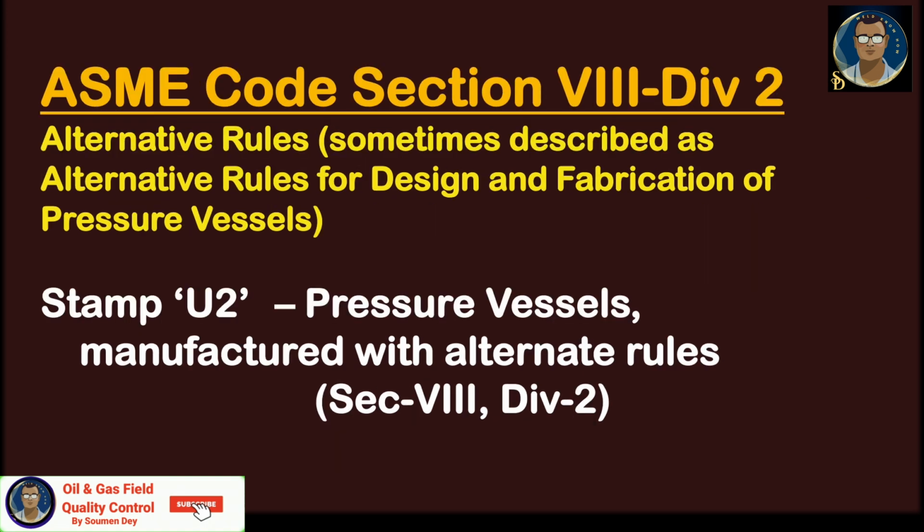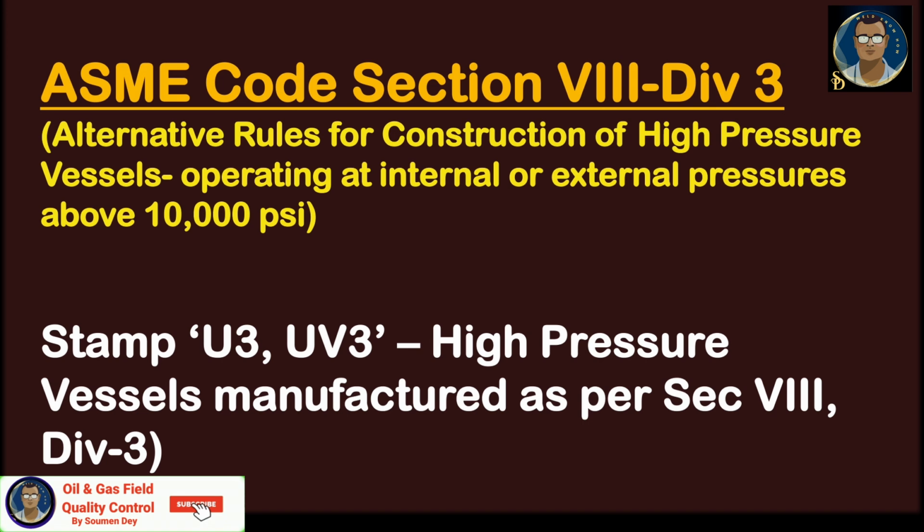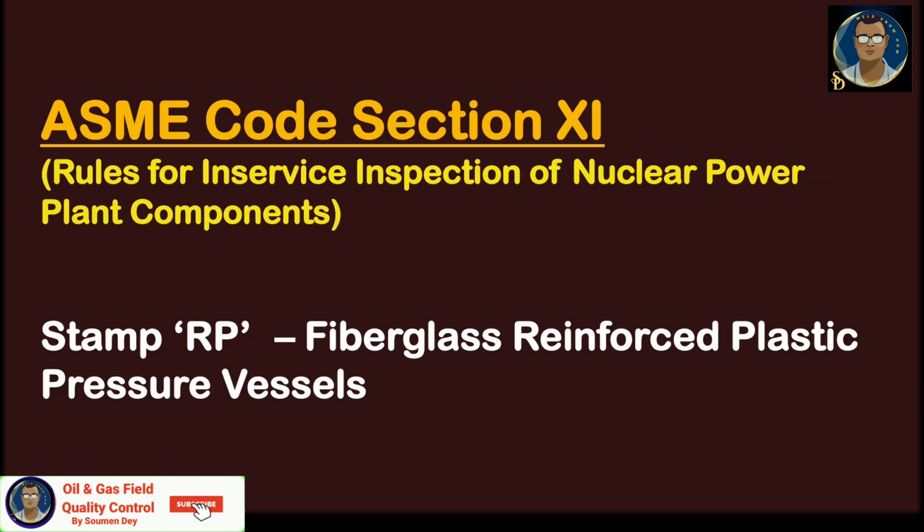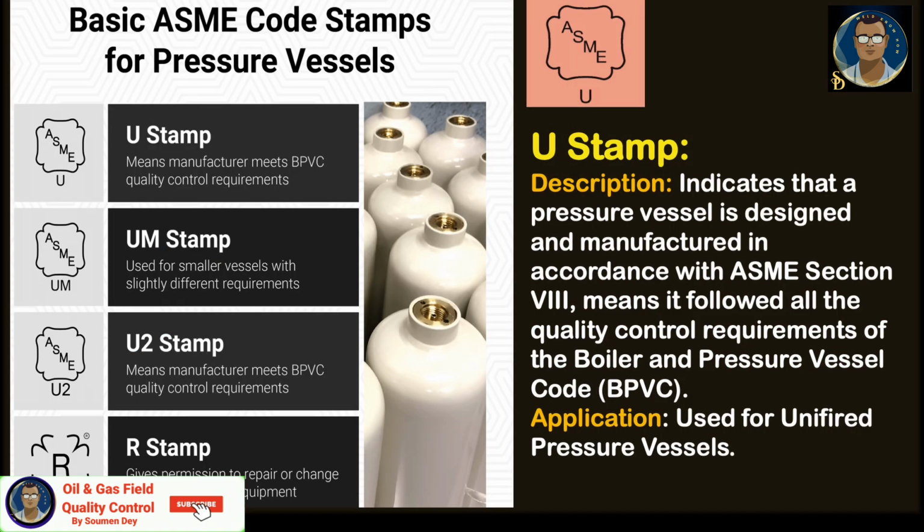Stamp U2 is from Division 2, pressure vessels manufactured with alternate rules, Section 8 Division 2. U3 is from Division 3, Section 8, high pressure vessels manufactured as per Section 8 Division 3. Section 11 is rules for in-service inspection of nuclear power plant components. RP means fiberglass reinforced plastic pressure vessels.